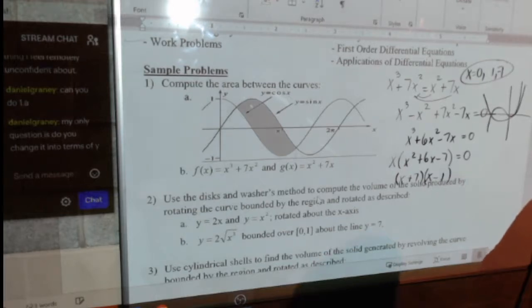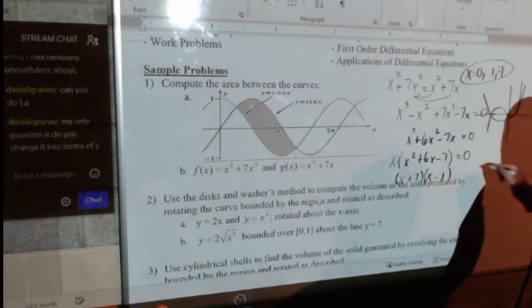So it looks like the cube is on top from 0 to 1, and then the quadratic is on top from -7 to 0, and then from 0 to 1 it changes.